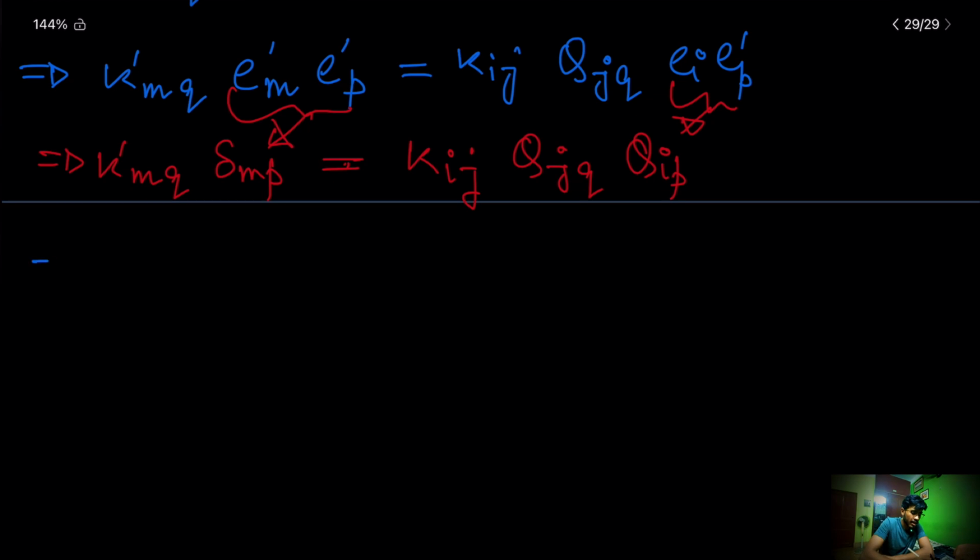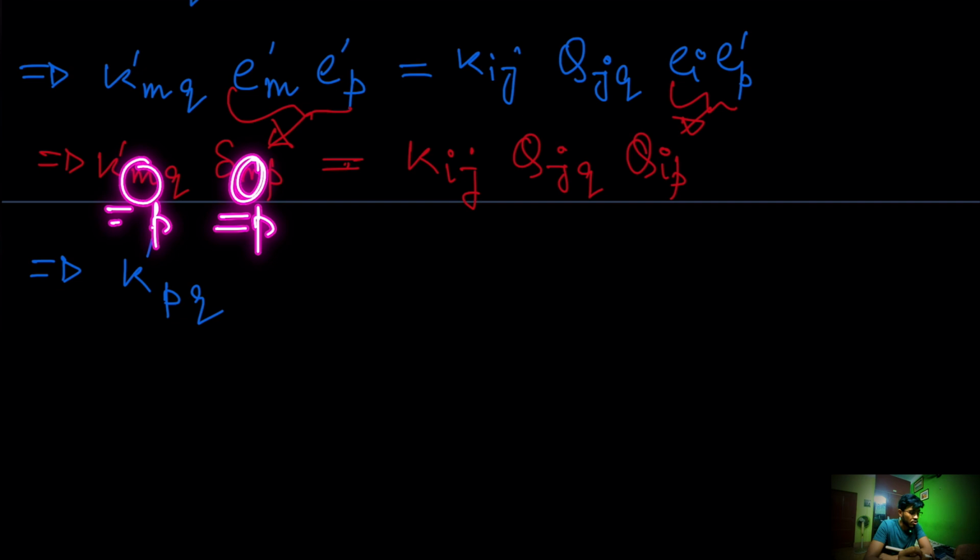Now this will be K dash PQ, because this delta MP is 1 when M equals P, and that means it is equal to Q.